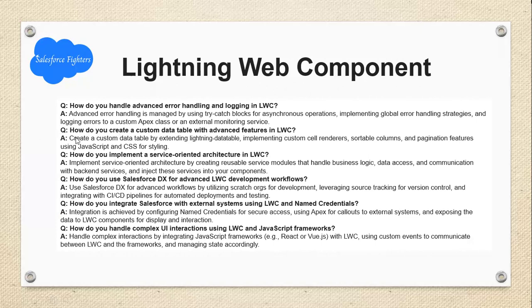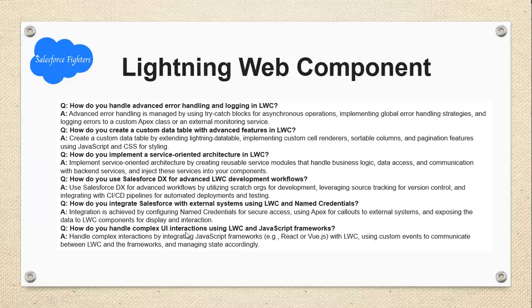Next question. How do you create a custom data table with advanced features in LWC? You create a custom data table by extending the existing lightning-datatable and implementing custom cell renderers, sortable columns, and a combination of features using JavaScript and CSS styles.